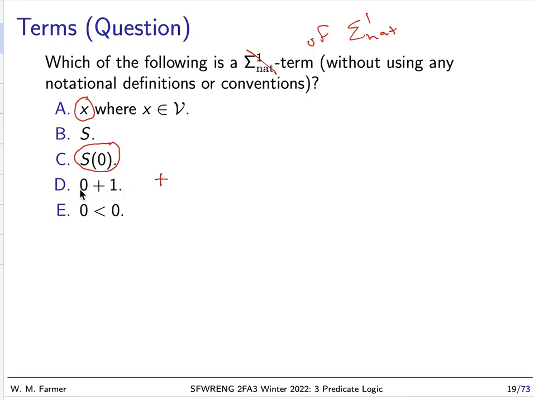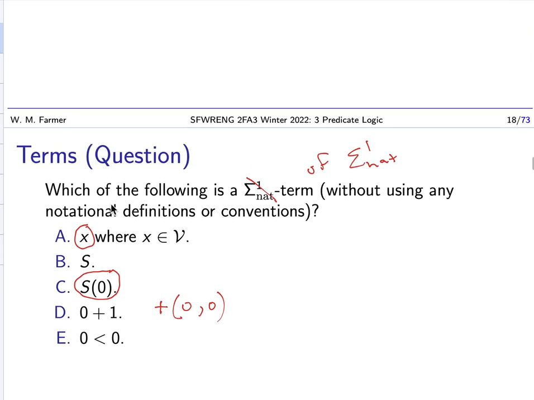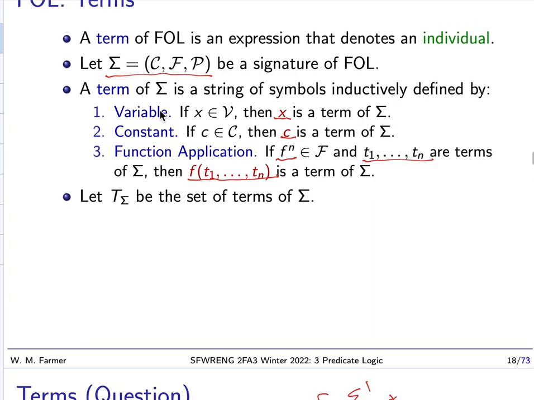If it were written like this, then yes, this would be a term. This is not a term because 1 is not a constant symbol of sigma 1 nat. It is in sigma 2 nat, but not sigma 1 nat. And this is not a term at all because this is a predicate symbol. Remember, terms are variables, constants, or function applications.